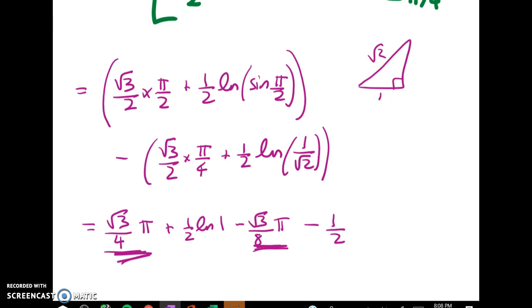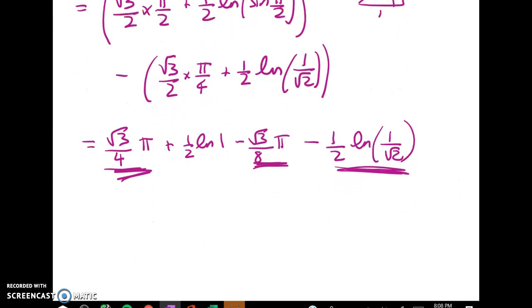Minus 1/2 log of 1 on root 2. Now I can clean this up as well, and I'm going to, but you don't have to, but it looks nicer. So here I've got, doing this very slowly, 2 root 3 on 8 pi minus 1 root 3 on 8 pi. So that's that done and that done.